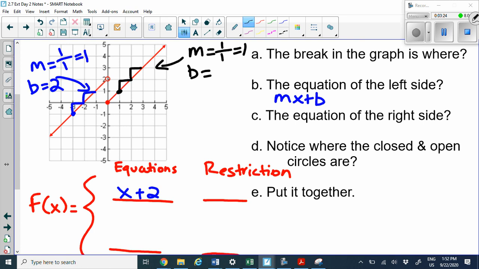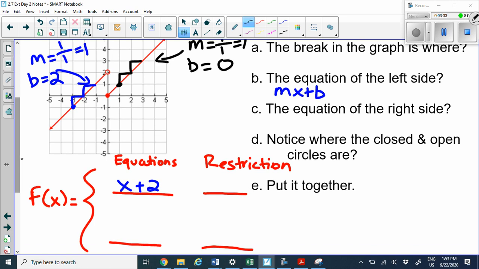Once again, we can see that this line crosses the y-axis, and it crosses it at 0. So my b value is 0. So my equation here is just going to be x. Now, you can also write x plus 0 or x minus 0. It's up to you, but you can also just put x.